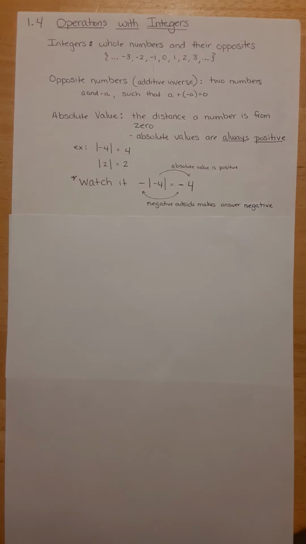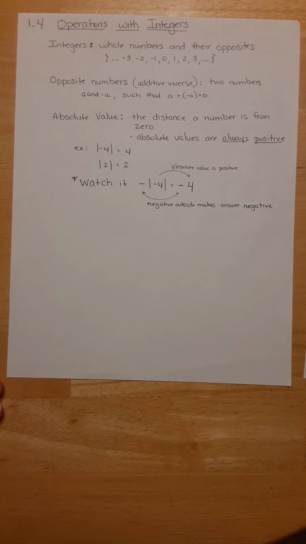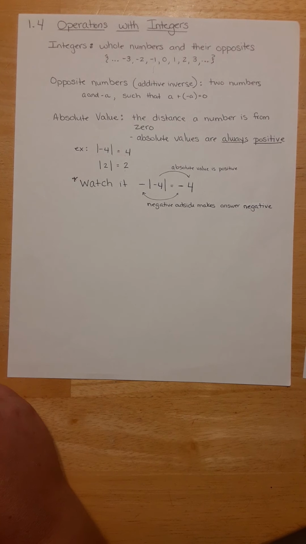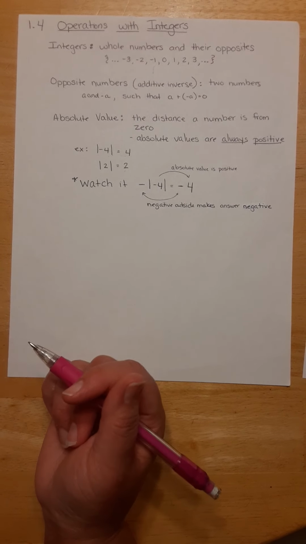Okay, the rest of the notes are short and simple because we're dealing with the rules of working with adding and subtracting negative and positive numbers, and multiplying and dividing with negative and positive numbers. So you should remember this.